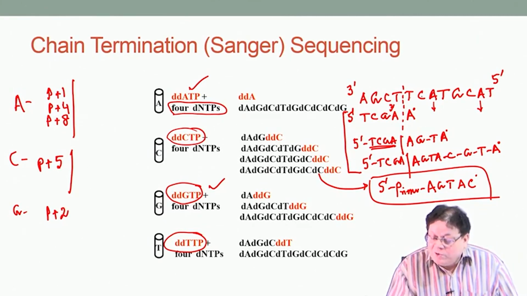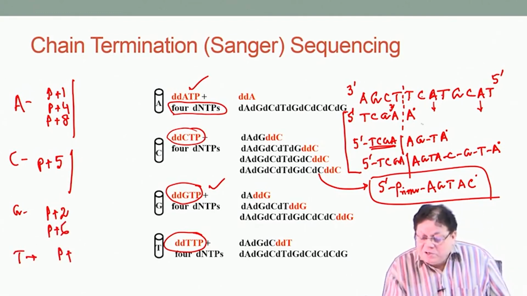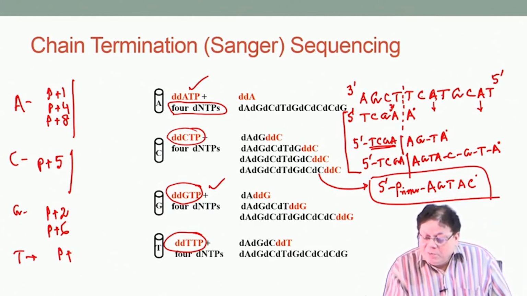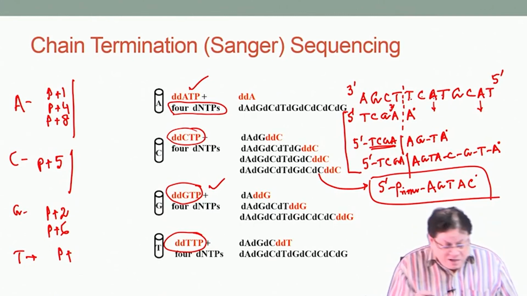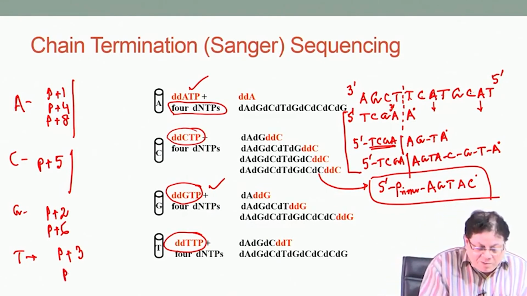So, that will be 1, 2, 3, 4, 5, 6, primer plus 6. And for the T specific reaction, you will get primer plus wherever there is a requirement of T. So, there is a requirement of T here, that is primer plus 3, and you will get another one, that is 1, 2, 3, 4, 5, 6, 7. So, you will get primer plus 7.